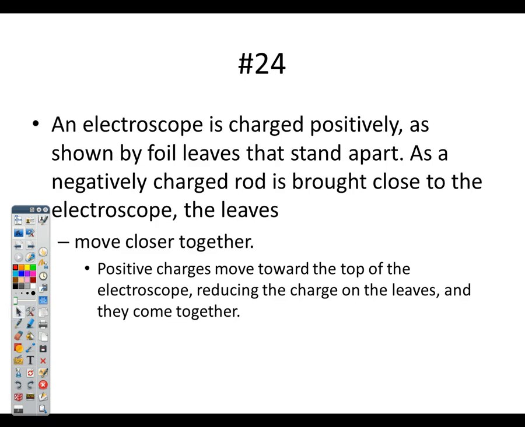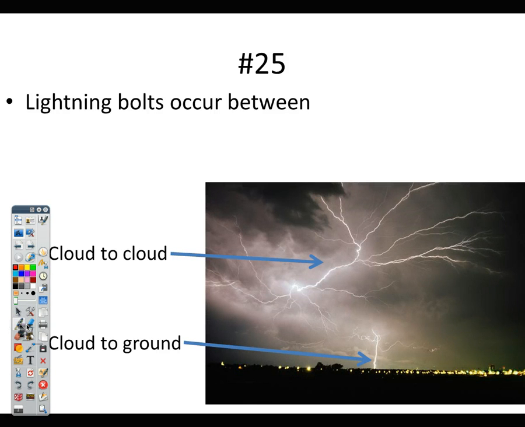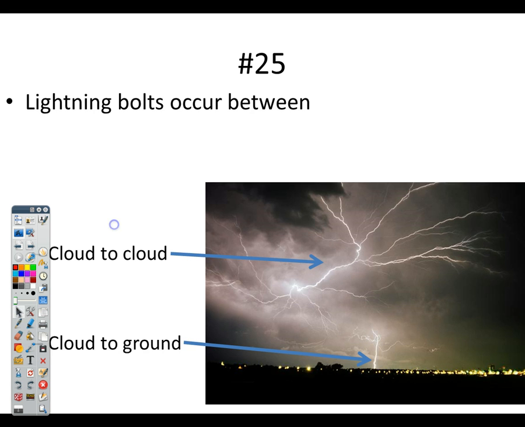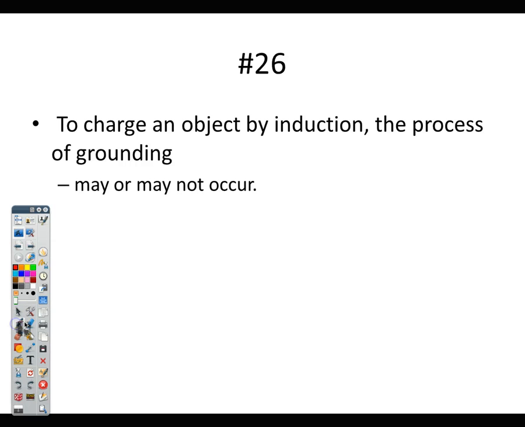For the next one, number 25, a lightning bolt will occur between a couple of different things. One of them is cloud to cloud. You'll see this bolt right here is just moving from cloud to cloud, and then you have your other bolt which moves from the cloud down to the ground. For number 26, to charge an object by induction, the process of grounding, it either may or may not occur.